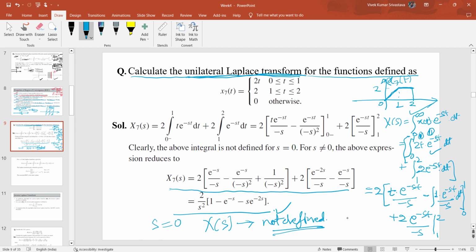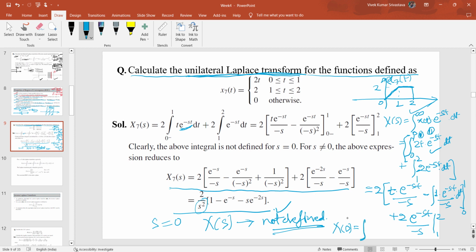As we can see here, this s term is coming from the expression e raised to the power minus st. So for evaluating the value of X(0), we will put the value of s in this expression as 0.